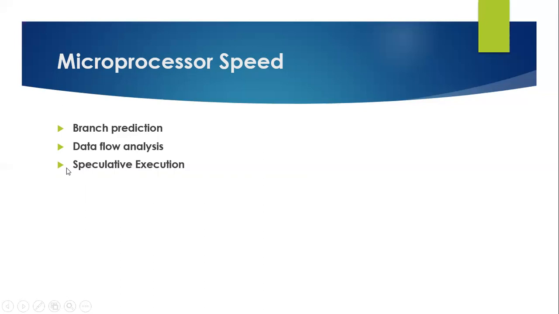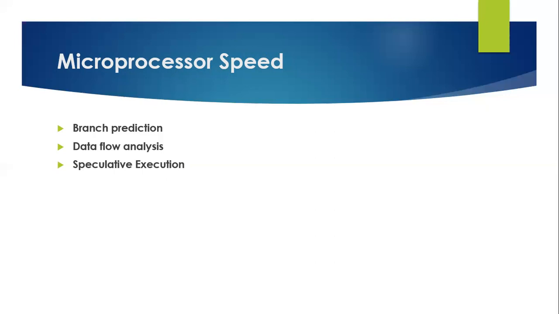The next technique is data flow analysis. In this part, you can study the history of data, how the data flows, and based on that, the microprocessor or your CPU can take decisions about data, which data should be fetched, which block of data should be fetched. The next one is speculative execution.